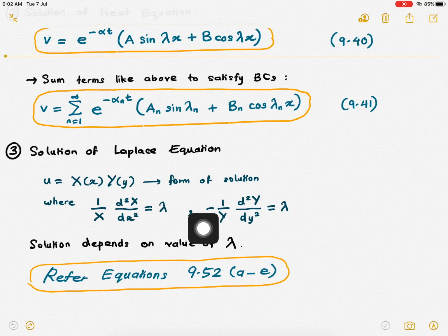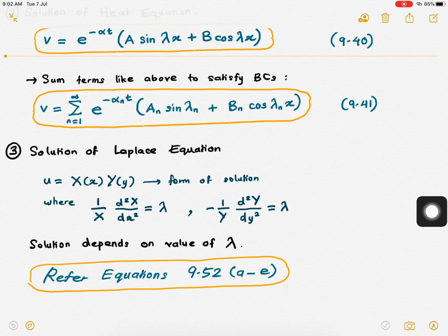And 1 over big Y times the second derivative of big Y, with a negative sign, will be equal to lambda, and this lambda is the same. That is the lambda that we want to find. After we find the lambda, then we can decide which formula we will choose.